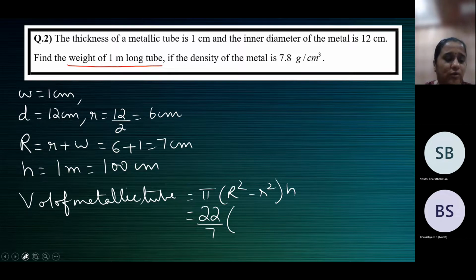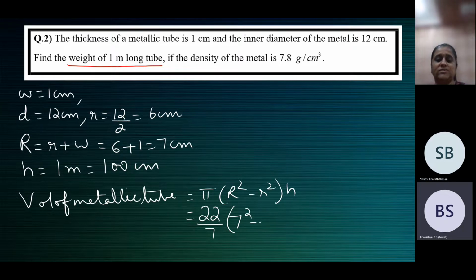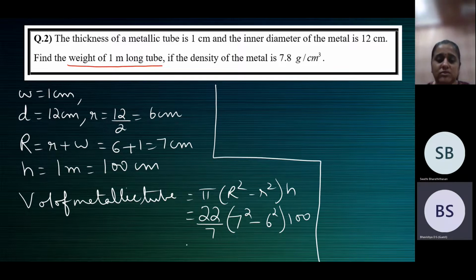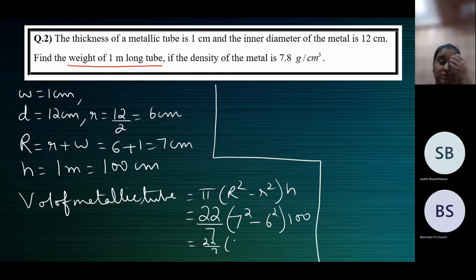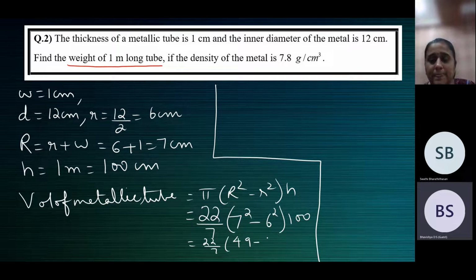What is the value of capital R? 7 centimeters. 7 square minus 6 square, into 100. Let me continue here. So that is equal to 22 by 7 into what is 7 square? 49, minus 36, into 100.